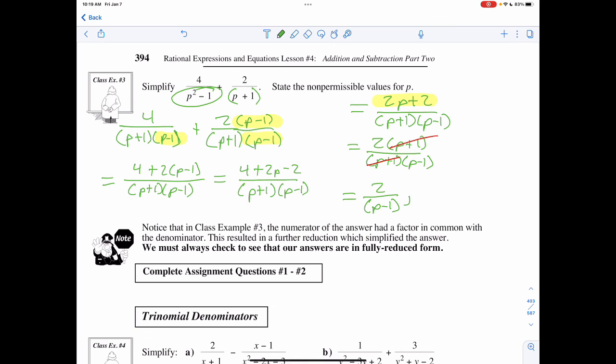And this is true so long as, for my restrictions, don't forget to check my lowest common denominator, p cannot equal either positive or -1. And there's my answer.